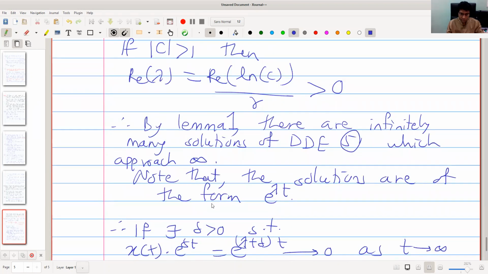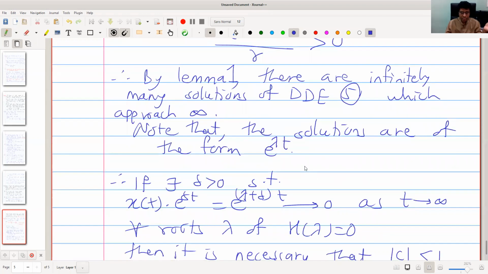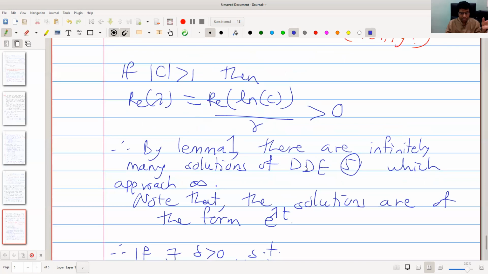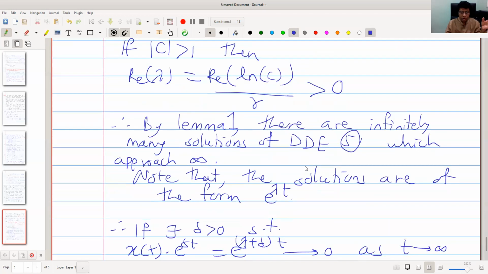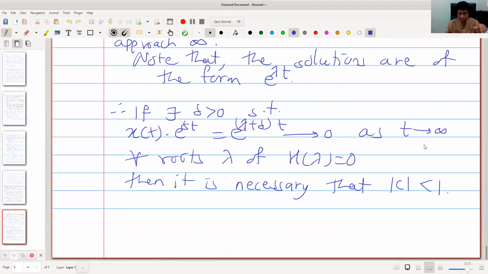So there are infinitely many solutions which are becoming unbounded. e raised to lambda plus delta t cannot go to 0, whatever your delta may be fixed. So mod c has to be less than 1. So this proves part 1.